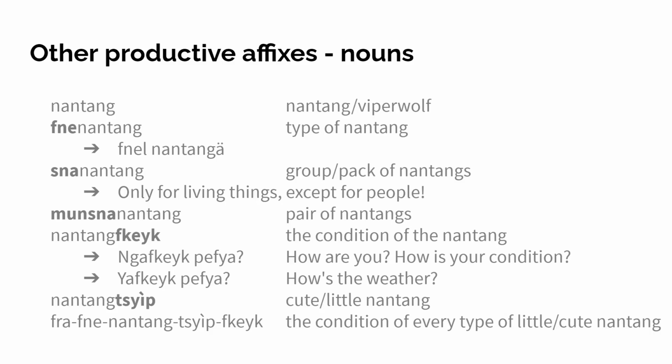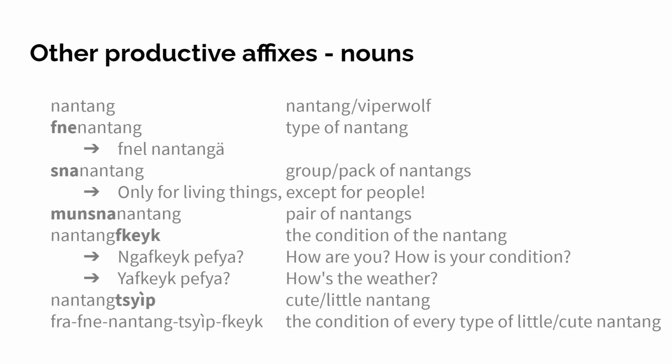Very useful. Vgeik actually is used for 2 kinds of often used sentences. So I showed you them too. Nga vgeik pifja, how are you? Literally it means the state of you, how, because nga means you, and vgeik is then the condition. So the condition of you, how. And also, ja vgeik pifja, how's the weather? Ja means air. So ja vgeik is the condition of the air.